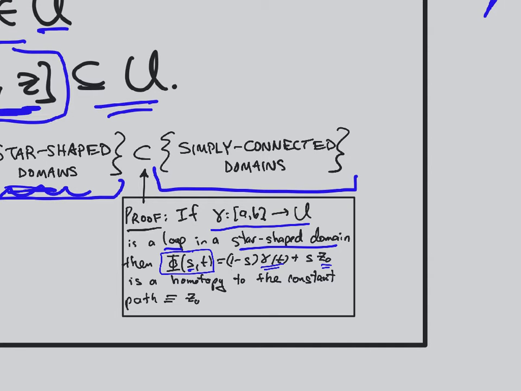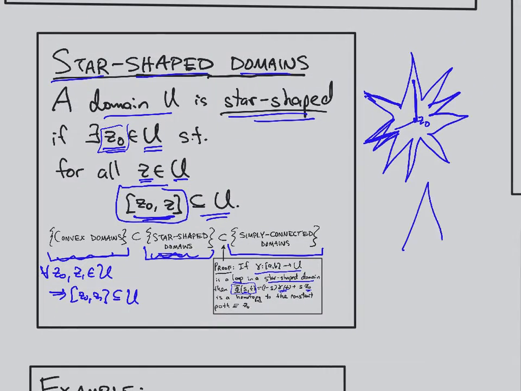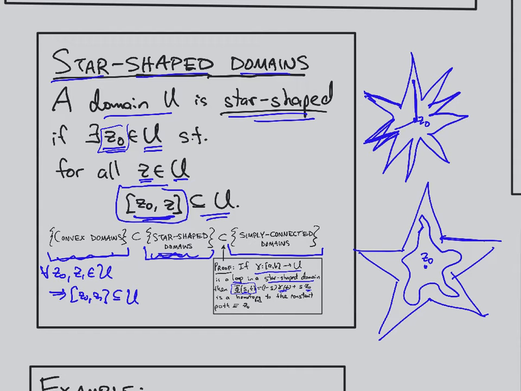For s equals 0, I'm just getting gamma, but for s equals 1, I'm just getting z0. Let's see if I can draw a reasonable star-shaped domain. Here's just a star. If I have z0 here and any kind of loop in here, then I can shrink it to the point that it's star-shaped with respect to.